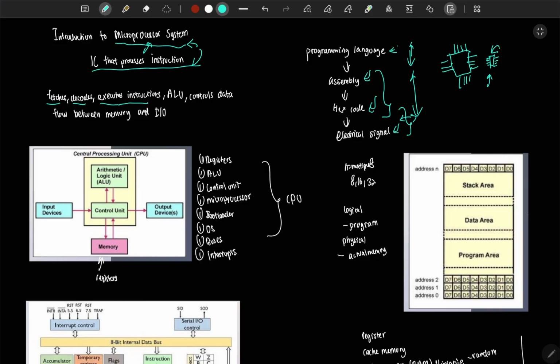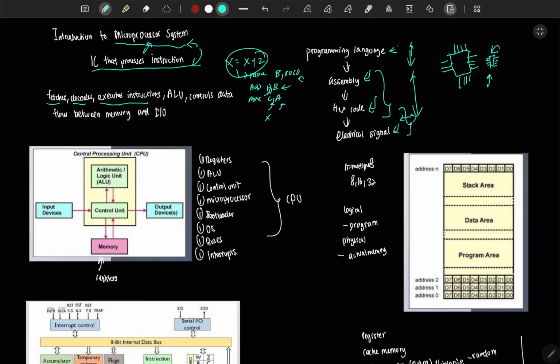say x is equivalent to x plus 2, this could be translated to move B, 0010, sorry, it could be move B 0010, and then it could say add A B, move C A. So technically it takes 2, it adds it to A, which is our initial X, then it moves the result to C where our new X is stored.